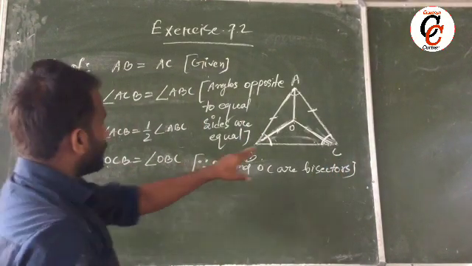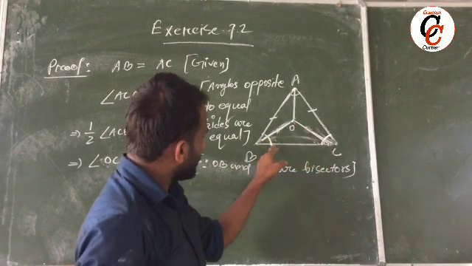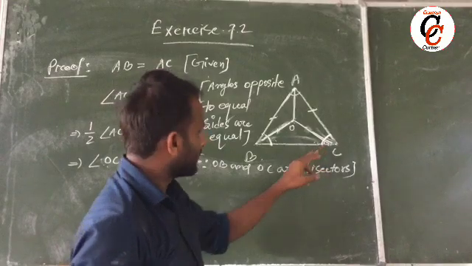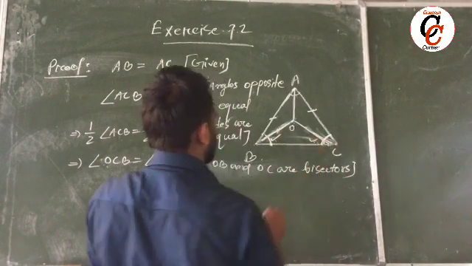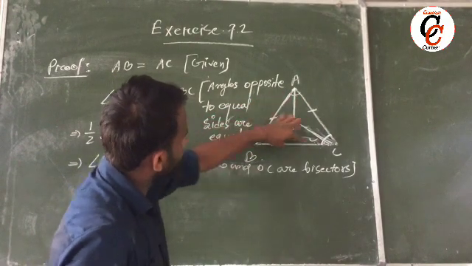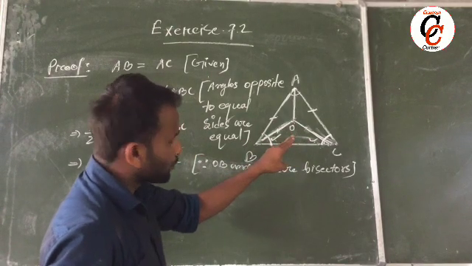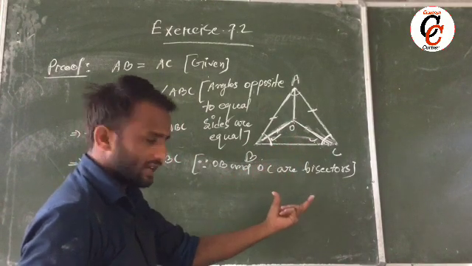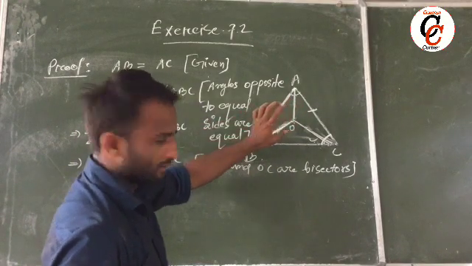So now see, the OCB angle and the OBC angle are equal, and both these angles are present in this triangle OBC. When two angles are equal in the same triangle, then the sides opposite those angles are equal.